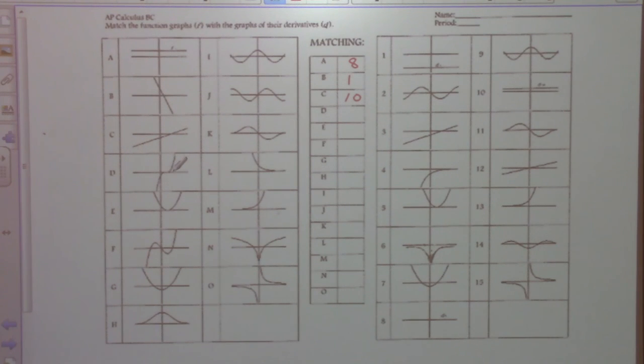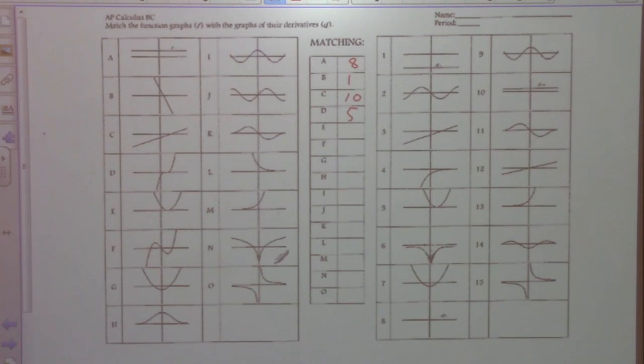No. So everything has to be touching or above the x-axis. I'm thinking 5, right? Because it's a parabola. Okay, I get it now. So 5 will go here.